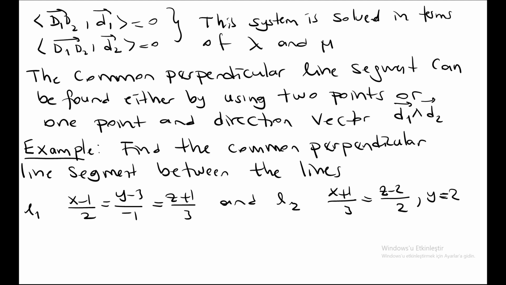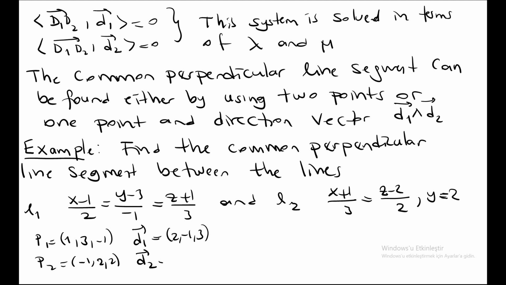So let's say P1 is 1, 3, negative 1, right? P2 is negative 1, 2, and 2. So D1 is 2, negative 1, 3.